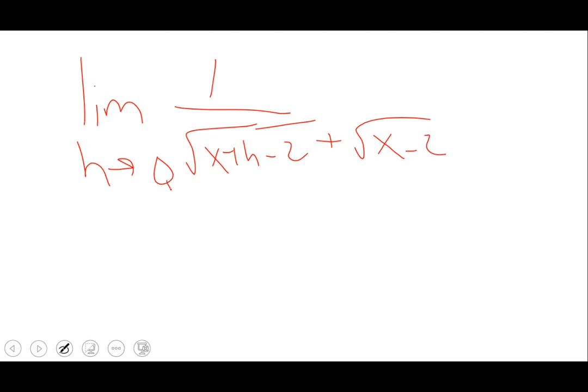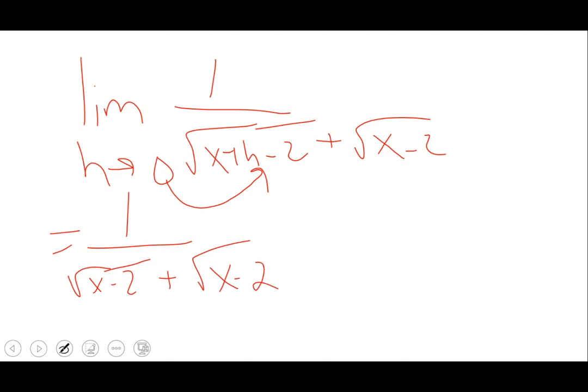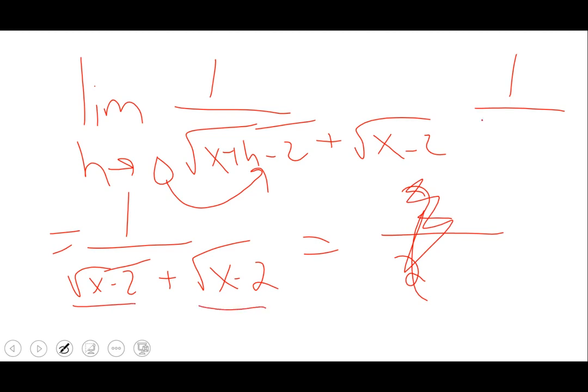If you now plug 0 in for this h, you're going to get 1 over the square root of x minus 2 plus the square root of x minus 2. If you have 2 square root of x minus 2s, so that's 1 on the top. And then if you have a square root plus a square root that are the same, you're going to get 2 square root of x minus 2. And it turns out that is in fact the answer.